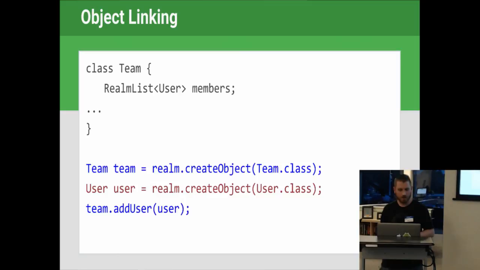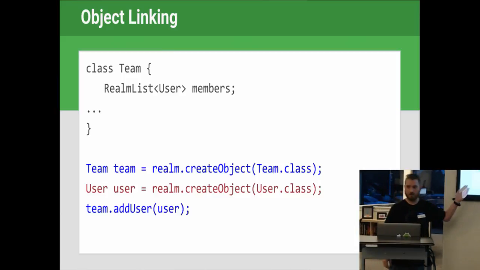So object linking. Obviously, like we were saying with the manufacturers and products and owners, you want to link objects together, and Realm has a really convenient way of doing that. Everybody knows what a list is, just a basic collection. You get a get, you get an add, you have add all, and to array, things like that. So Realm provides those features for you. And so we can see here that the team is made up of users, which are members of the team.